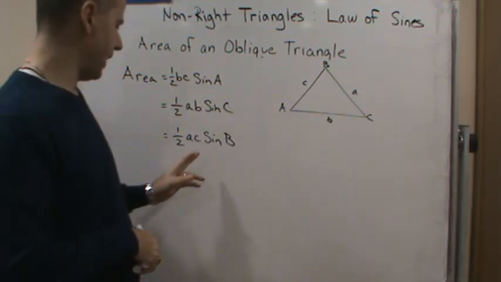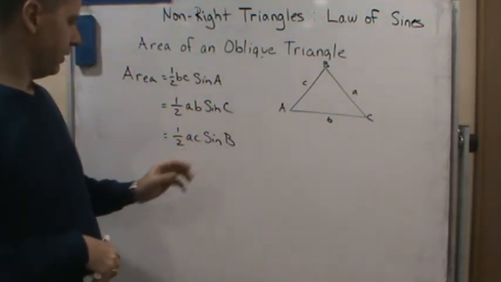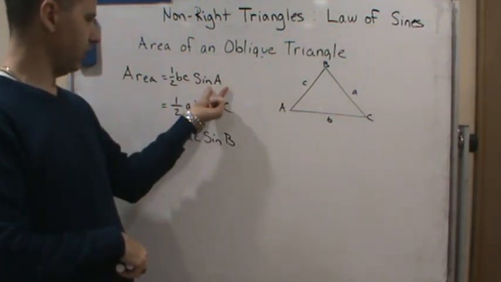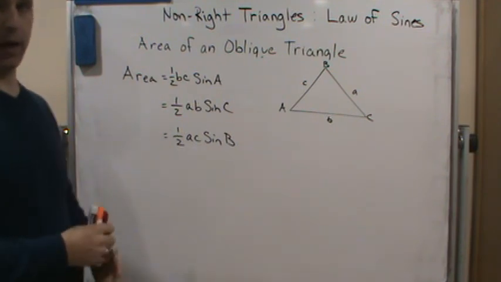And again, it depends on which two sides you know. So as long as you know two sides and the included angle, you'll be able to use this formula to find the area.